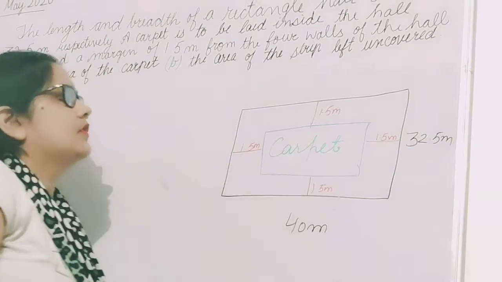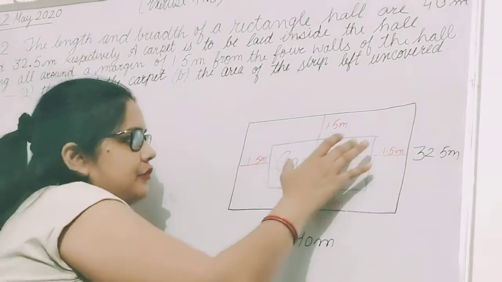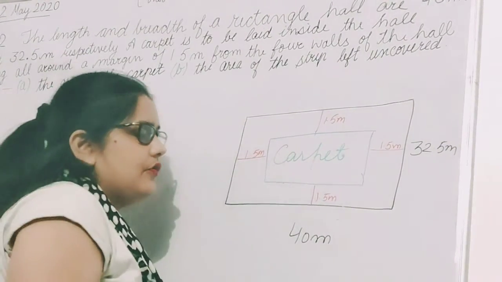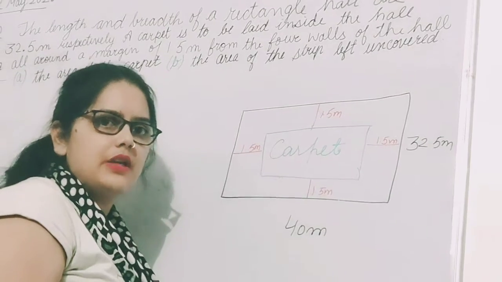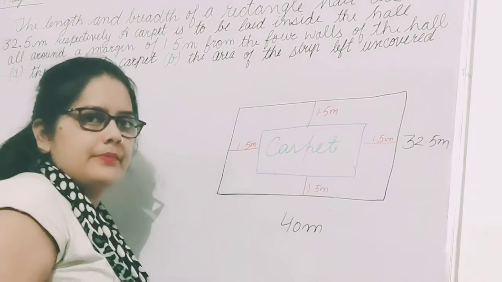Now, A part is the area of carpet. That means we have to find out this area of carpet. So first we have to find out length and breadth of the carpet. Here, hall length is 40.